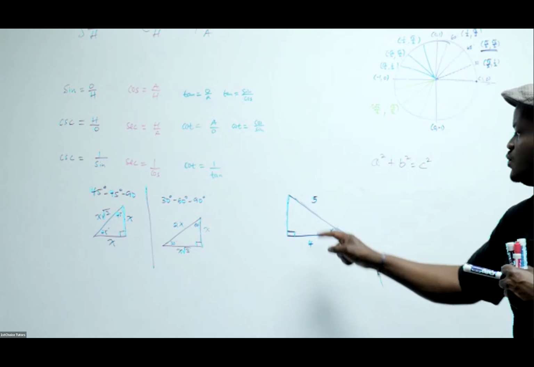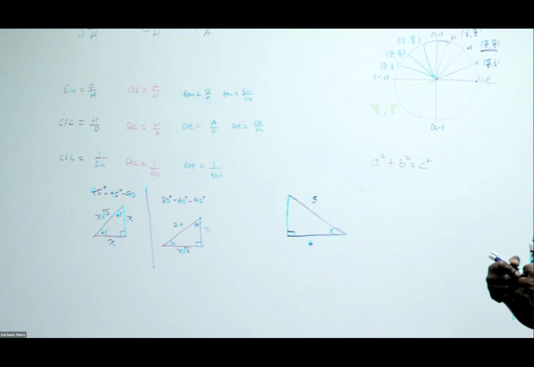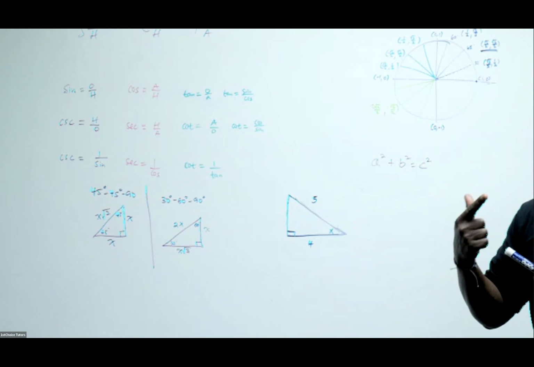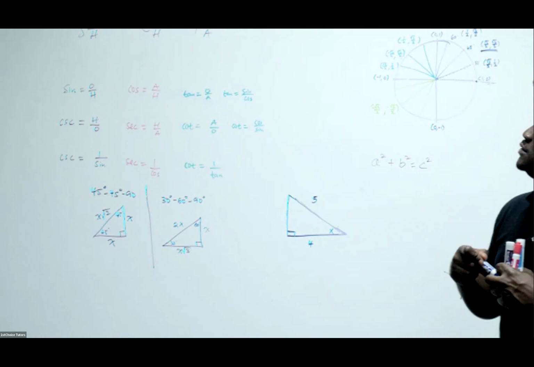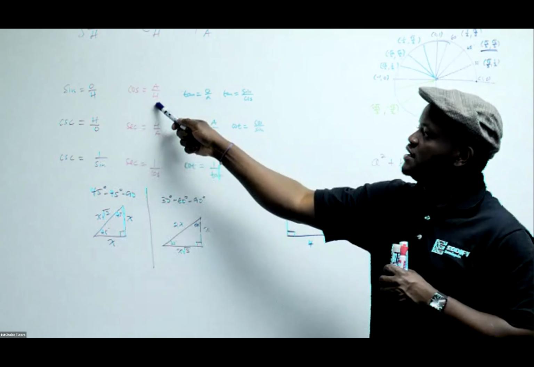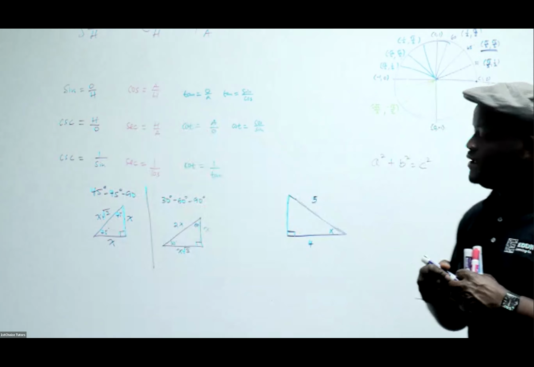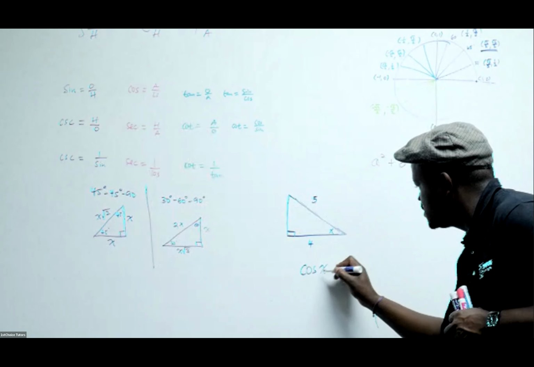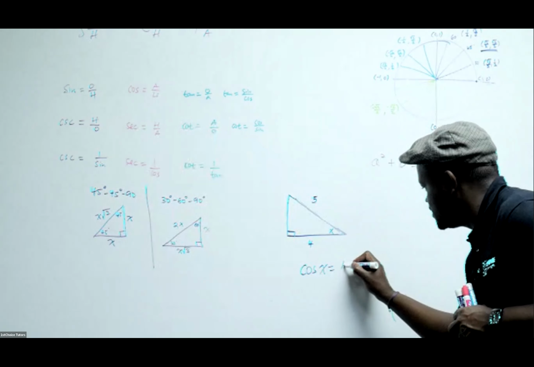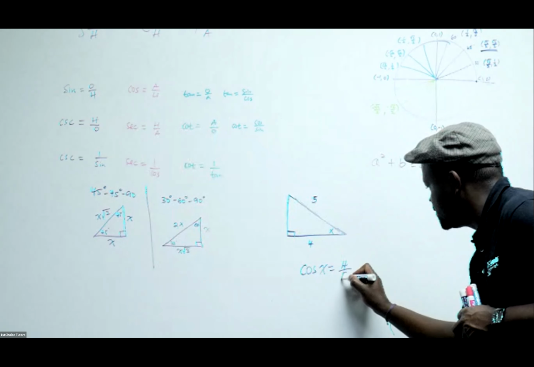Correct. What's the 5? The 5 is the hypotenuse. So now we have adjacent and hypotenuse. That means we have to go with cosine. So cosine of the angle, which is cosine x, equals adjacent over hypotenuse.